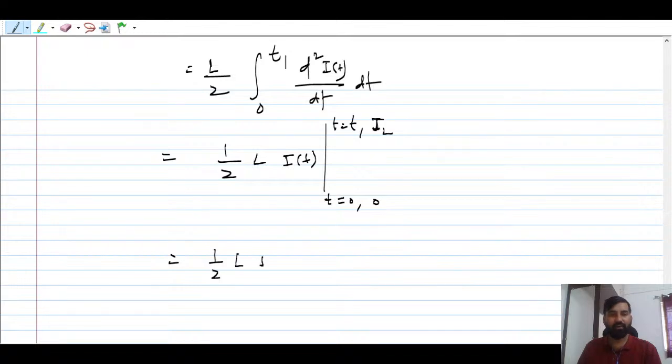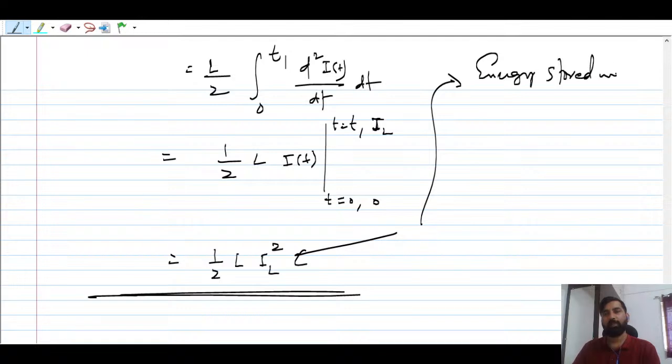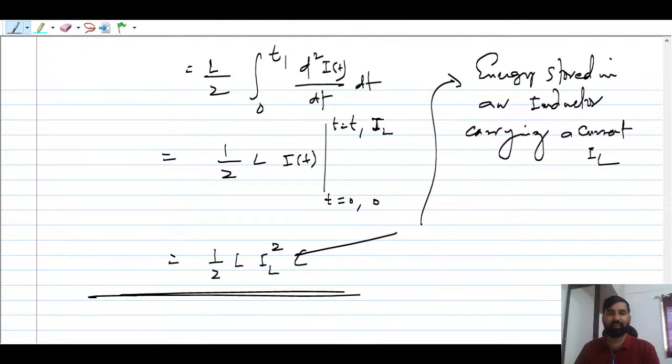So half L IL squared is the energy stored in an inductor carrying a current IL, and this can only absorb energy, right?